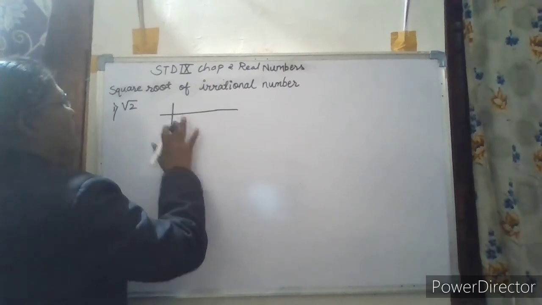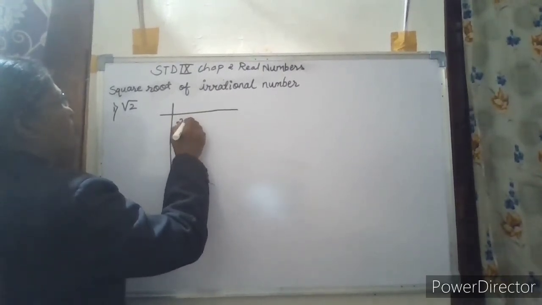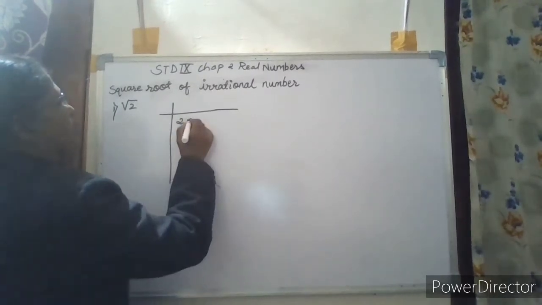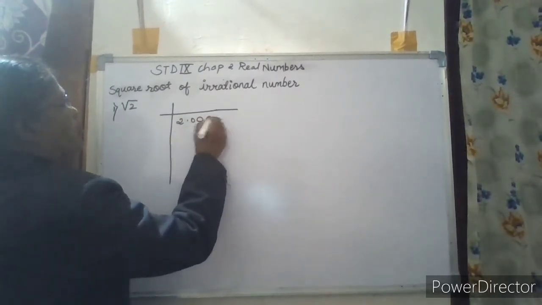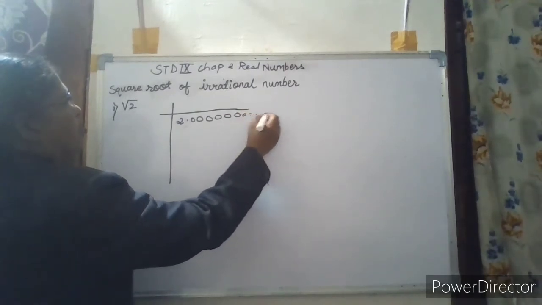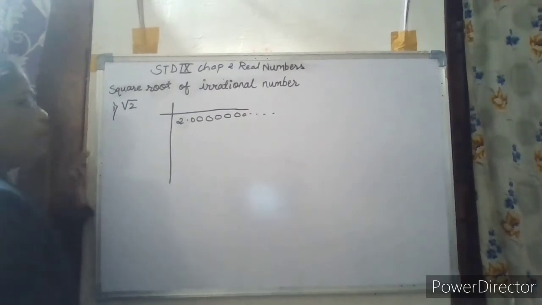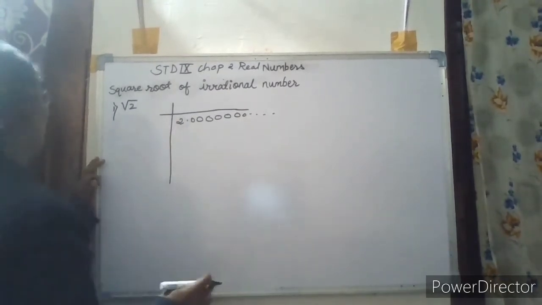Then write 2, put a point, and take zeros. You can take as many zeros as you want.